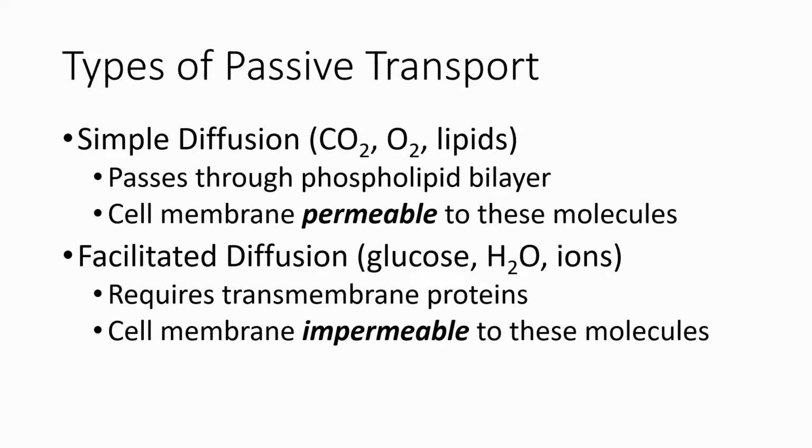That's stuff like CO2, O2, small uncharged gases, as well as very small lipids. Basically, if it's small and uncharged, then it can likely pass through and move by simple diffusion.